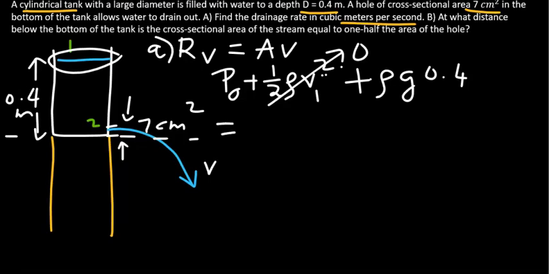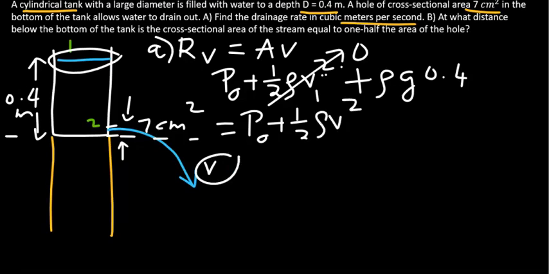Now the other side, which is point 2, it is also open to atmospheric pressure, so the pressure there is P0, plus half rho v squared, the speed is v, that is what we want to determine, plus rho g, and the vertical position, of course, 0, because we are measuring the vertical position from that level.